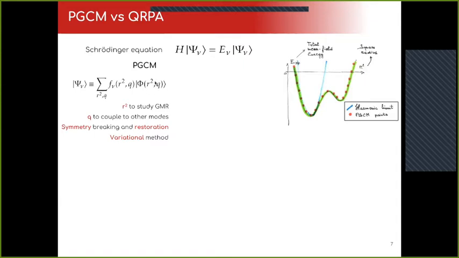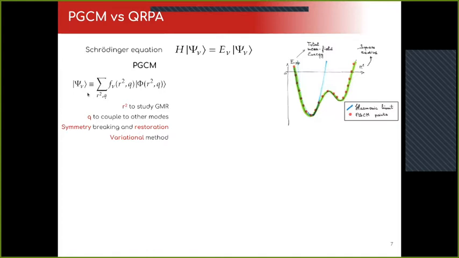coordinate is the most important one, but we can also constrain other variables, here generically identified with this collective variable Q, in order to couple to other modes and to investigate this coupling. For example, for deformed nuclei, we will also constrain the beta 2 parameter, which is an index of the quadrupolar deformation in nuclei.